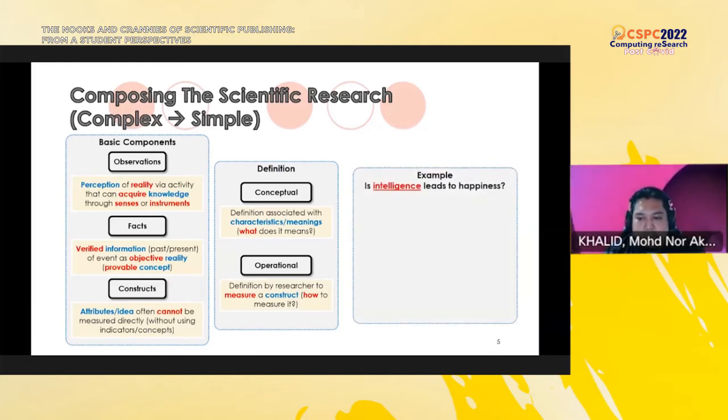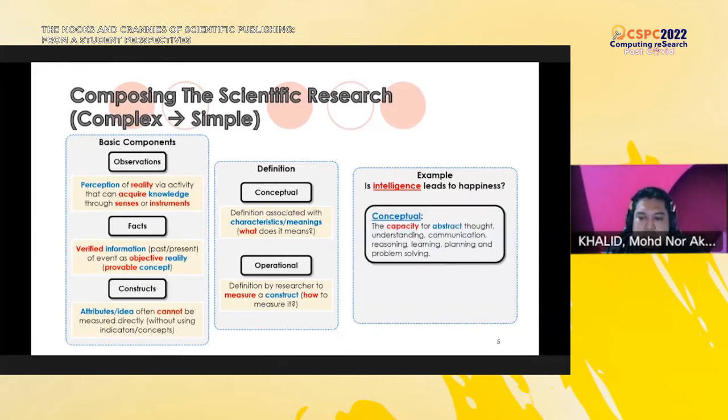So let's take the example of intelligence. Let's say your research has some kind of intelligence concept, right? So you need to define properly what this intelligence is from the conceptual and the operational point of view. From the conceptual side, maybe some previous researchers have proven a certain concept and give you a conceptual definition of intelligence.